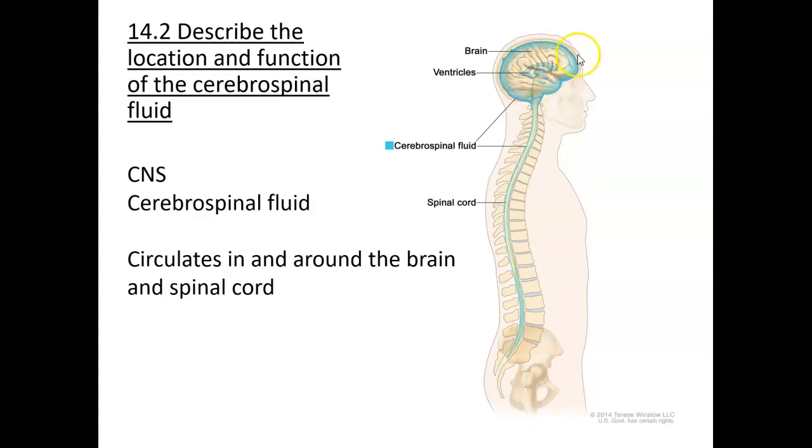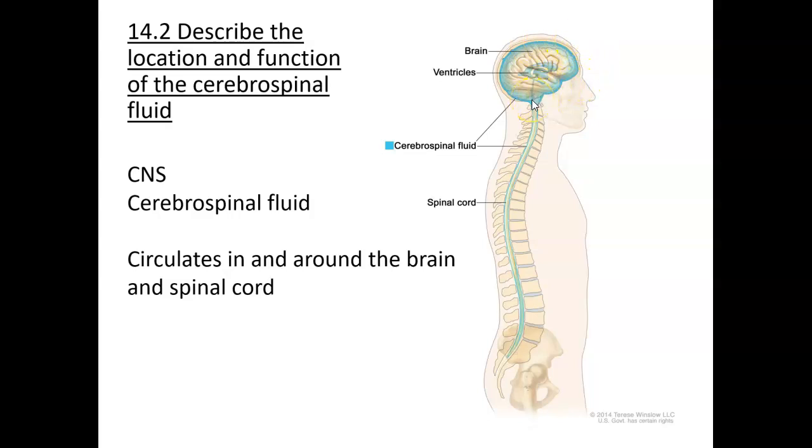And the cerebrospinal fluid then circulates in the brain, around the spinal cord, up through the center of the spinal cord, and then it gets reabsorbed back into the blood system. So it's circulating all the time, just like our blood, and we're always making cerebrospinal fluid and reabsorbing it. It's constantly being renewed.